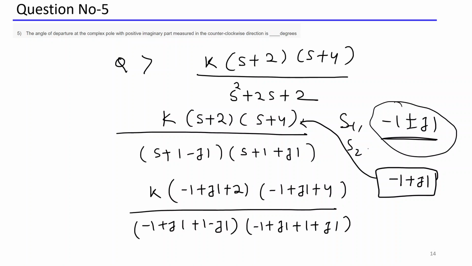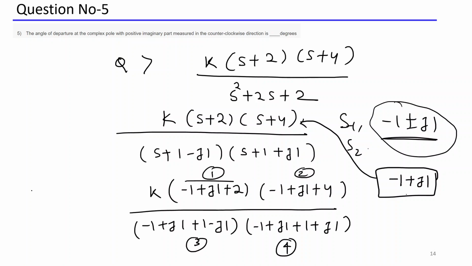Just put the positive pole, whatever there are two poles here, positive pole and negative pole. Take the positive pole, put it at every s point and just find the angle. No need to find the magnitude, I don't require any magnitude. Just find the angle of each term: this is the first term, the second term, the third term, the fourth term.